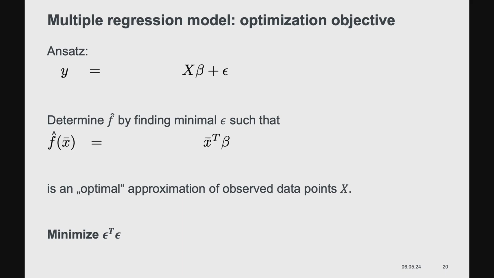Or we could say that if we observe the difference between our prediction and the true value, then the difference lies exactly in this noise, and we want to minimize this noise. And rather than saying we want to minimize the noise, we can also say minimize the squared noise contributions. And when epsilon is a vector, then epsilon transposed epsilon is nothing else than the sum of squares of these errors.